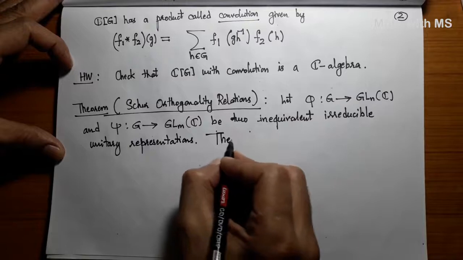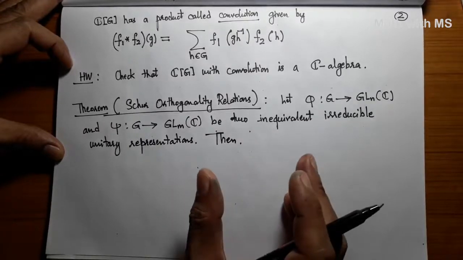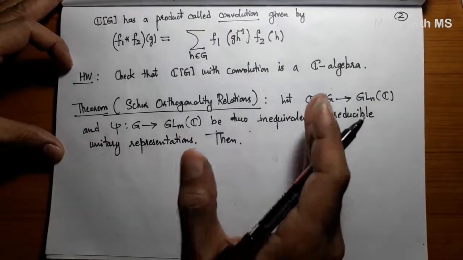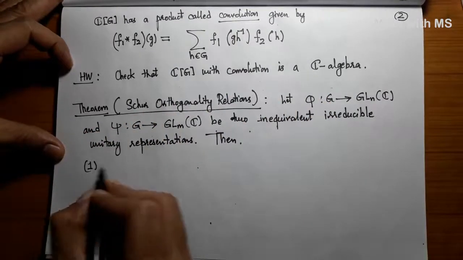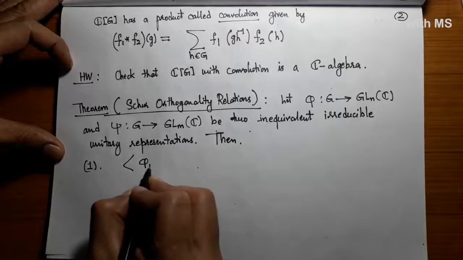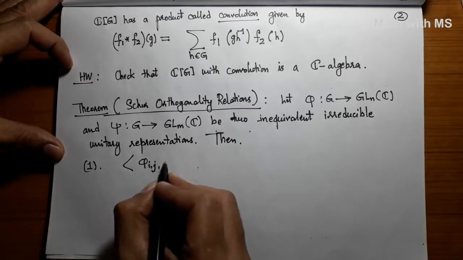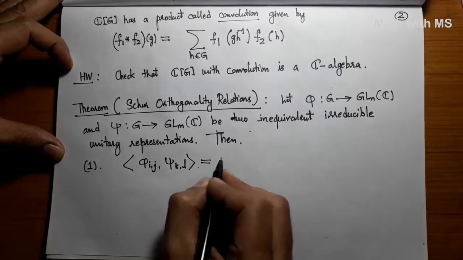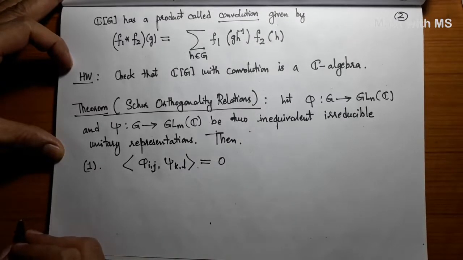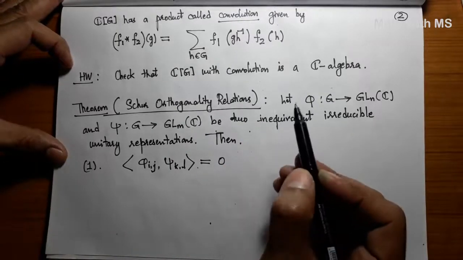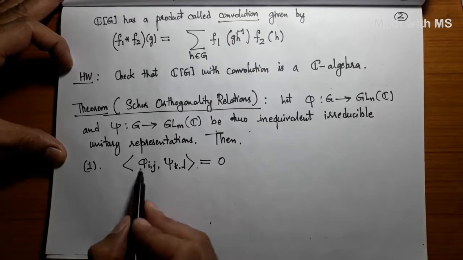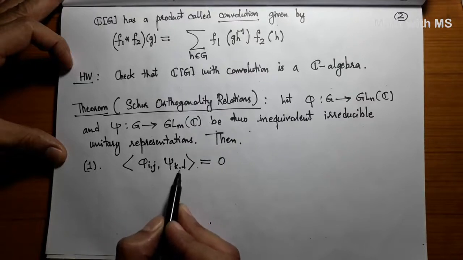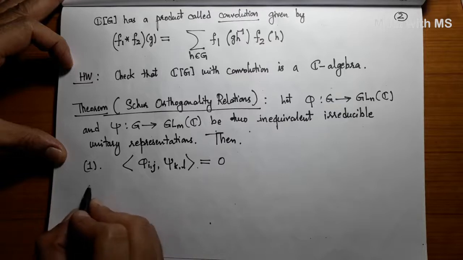Then we have orthogonality relations among the phi_ij's and psi_kl's corresponding to the representations phi and psi. First, the inner product of phi_ij with any psi_kl is always 0. So with respect to this inner product on the group algebra CG, the coordinate functions of the representation phi and the coordinate functions of the representation psi are orthogonal to each other.